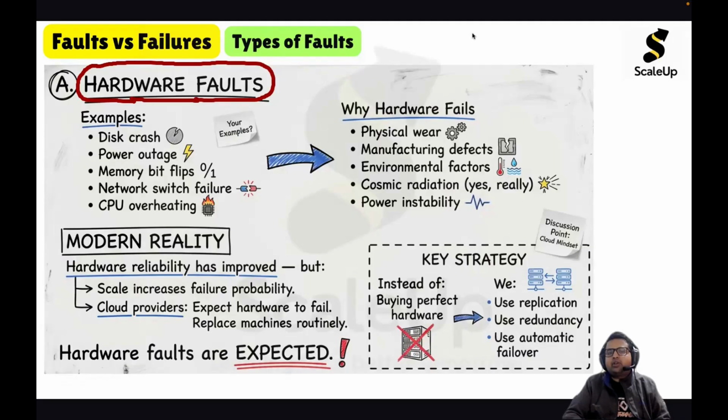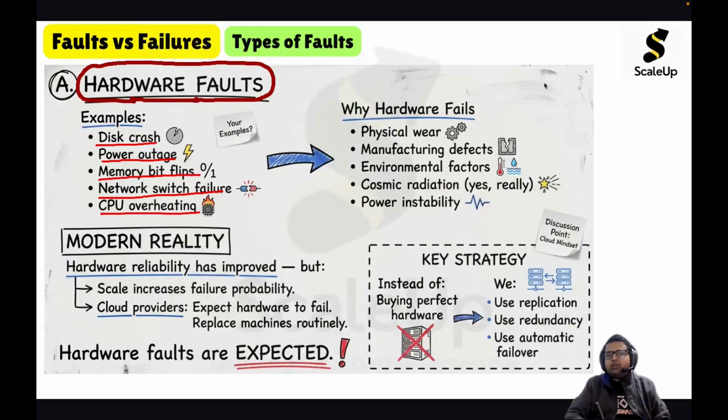For example, disk crash, power outage, memory bit flip, network switch failure, CPU overheating. So these are faults in individual components like disk, power, memory, network, CPU.